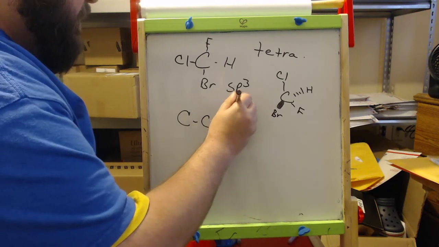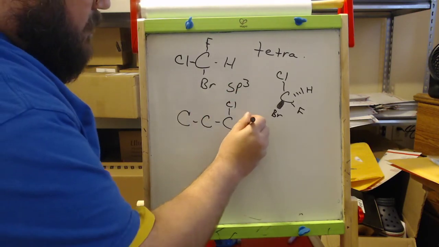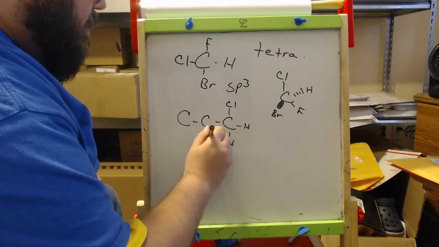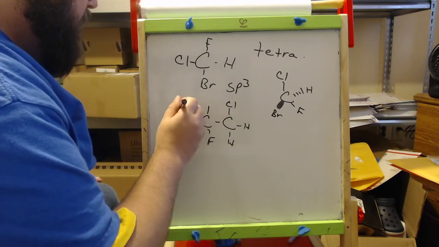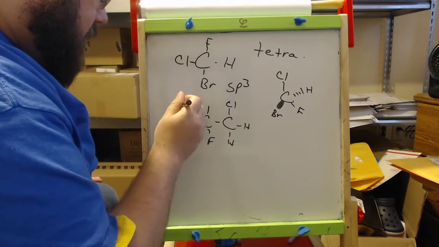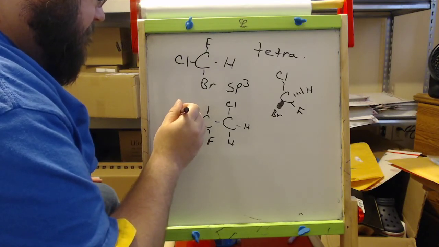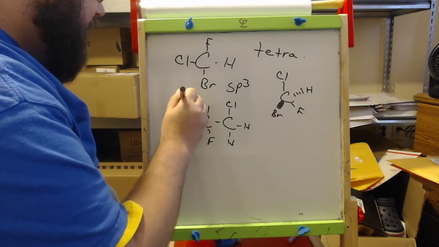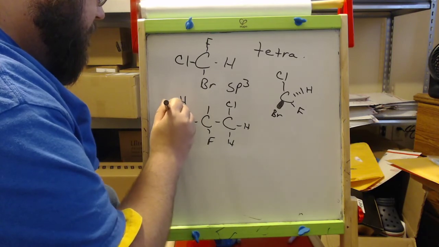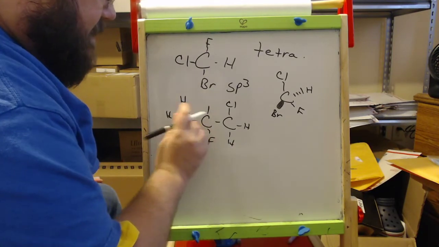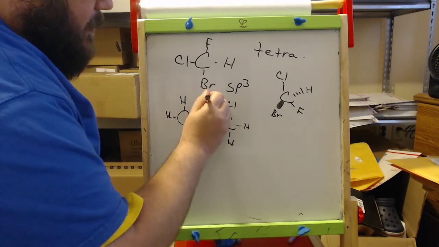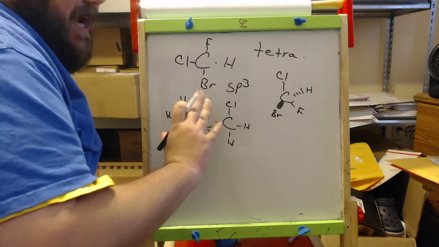We'll put a chlorine on there, and let's do a fluorine here. Sound good? And let's do 3 hydrogens back here. So we're looking at this from a side view of the chain.